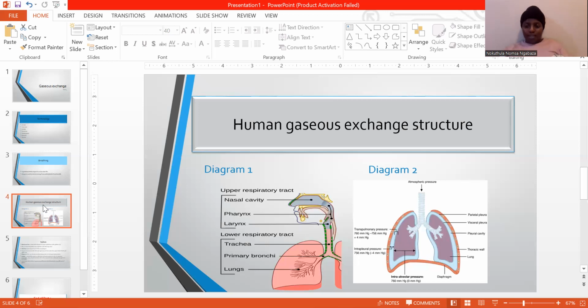trap the dust, right? Which simply means that your nasal cavity has the capability of not only receiving oxygen, but it can also get affected by the dust particles.